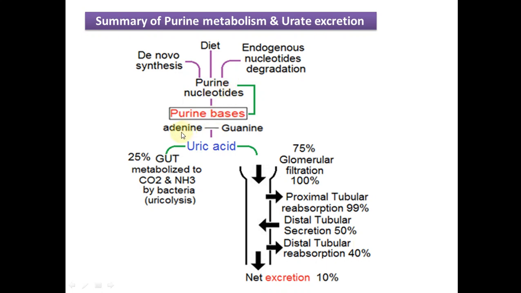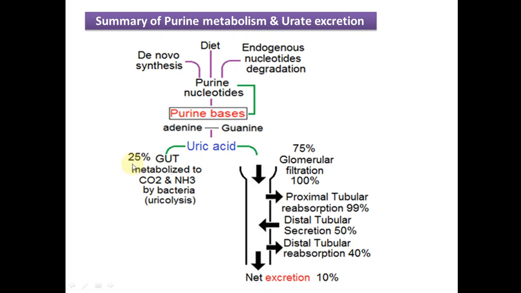The purine bases are adenine and guanine. They are oxidized in a stepwise fashion to xanthine, and xanthine is then acted upon by the enzyme xanthine oxidase and is converted into uric acid.